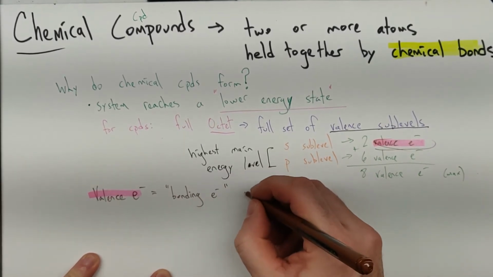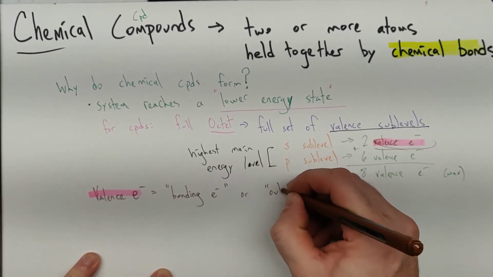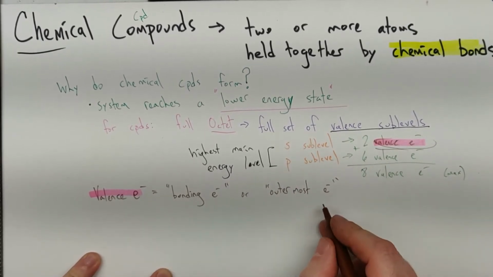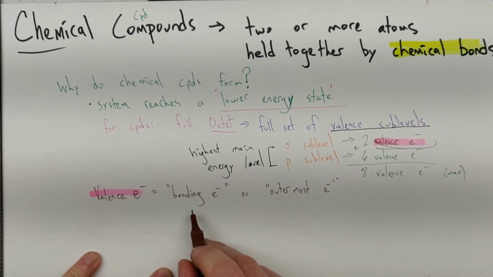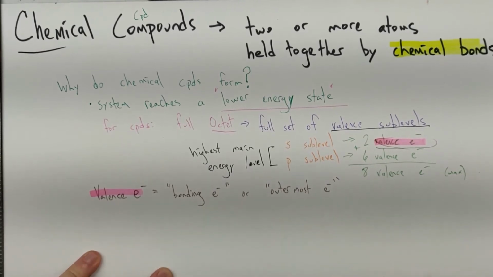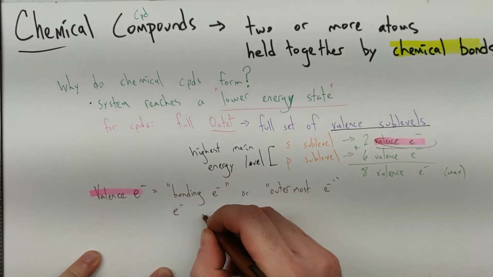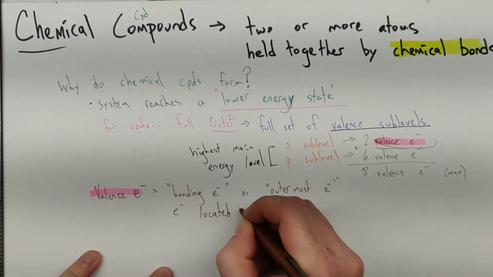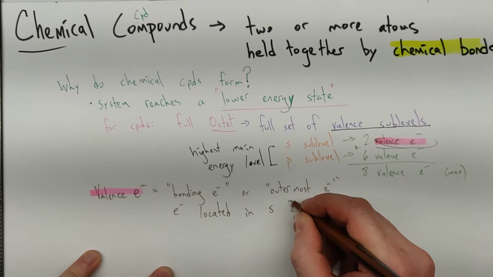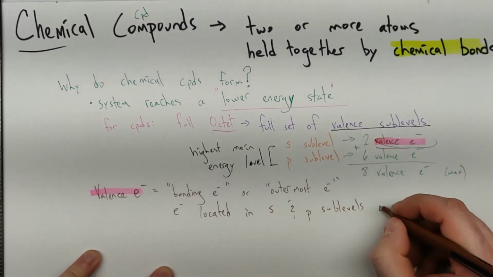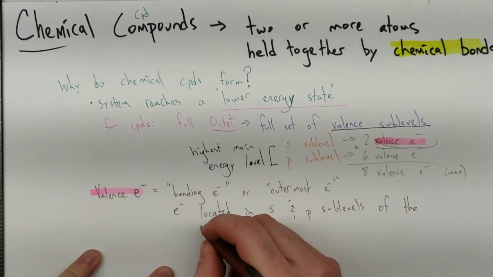Or maybe the outermost electrons, which kind of makes sense in those contexts because what electrons are going to do the bonding, the electrons closest to the outside. Now, neither of those is our definition, but that's what those electrons are. Our definition is that we have the electrons located in the S and P sublevels, as we said right there, of the highest main energy level.